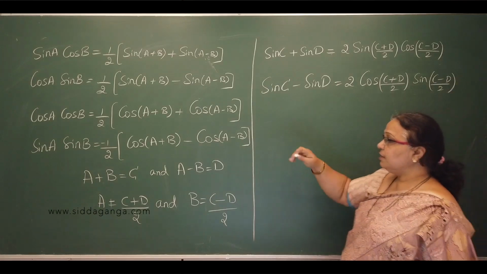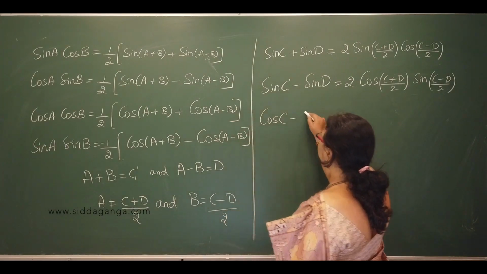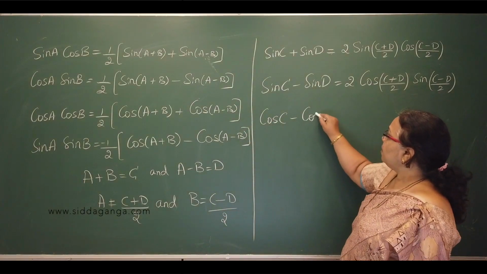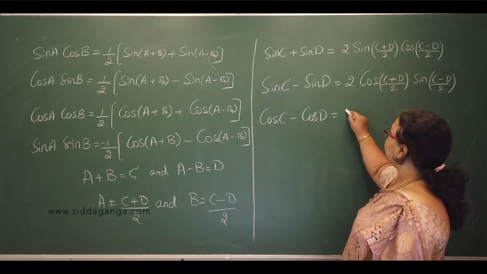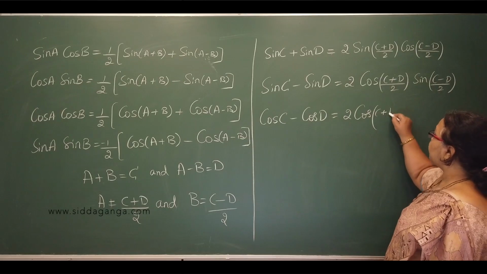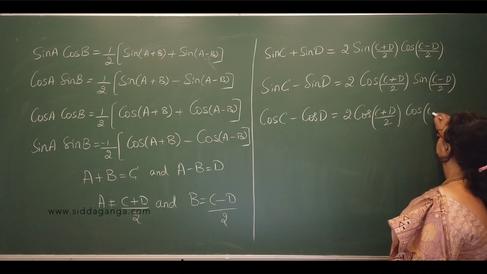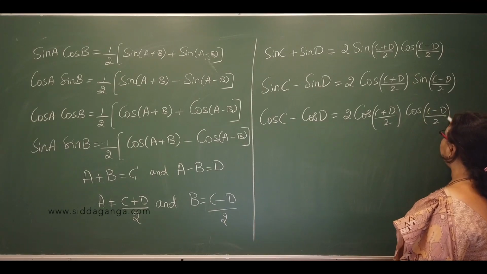Next, the third result becomes cos C plus cos D, we get twice cos of C plus D divided by 2 into cos of C minus D divided by 2.